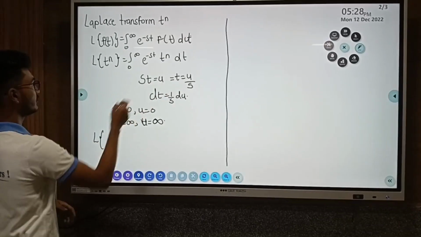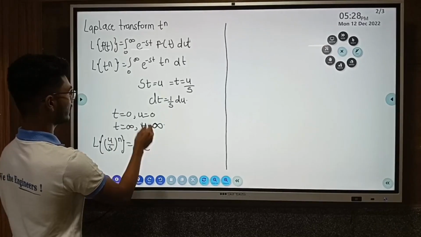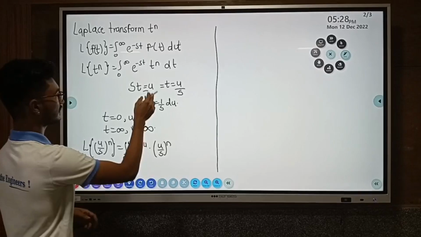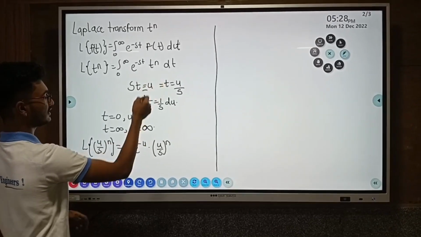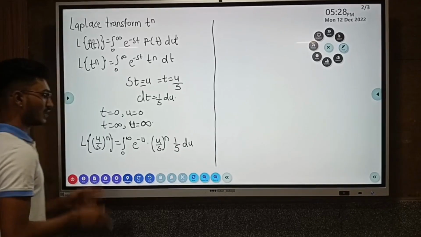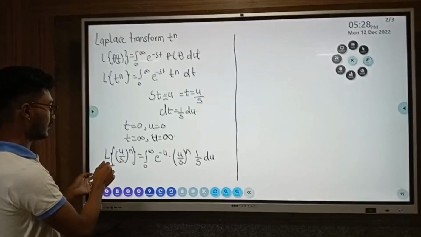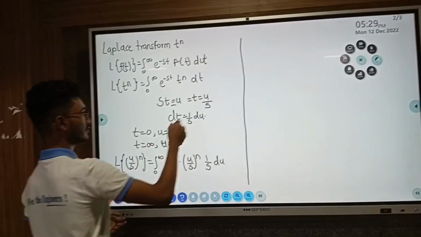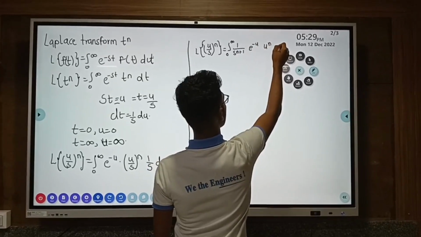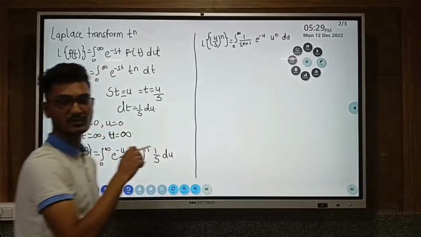So what is the t value? It is u by s. After that e raised to minus st we will write as e raised to minus u. We know that the dt value is 1 upon s into du. So after that we will take s raised to n plus 1 as common, so we will get the next term as u raised to n into du.